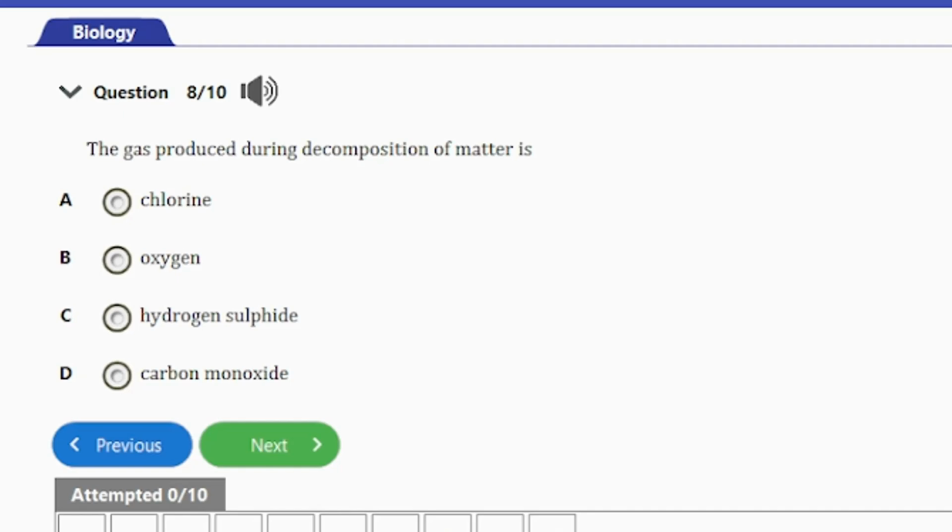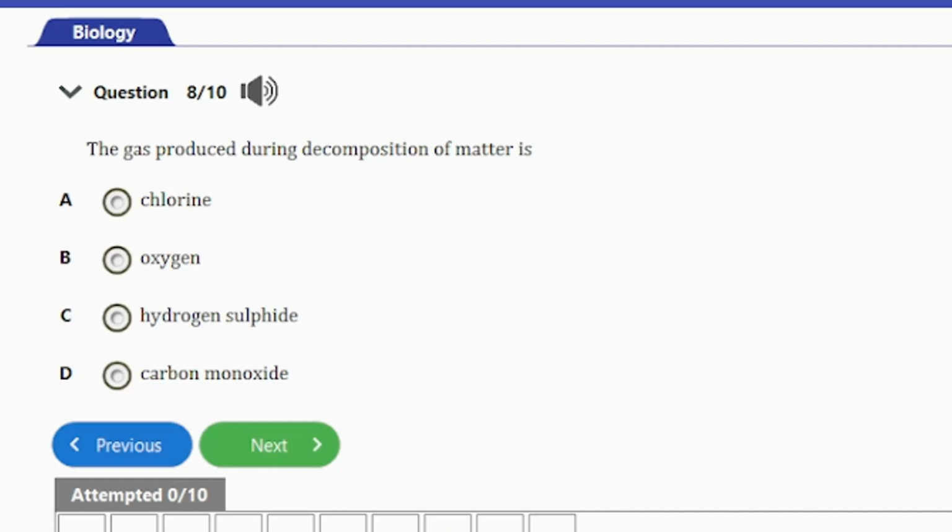Let's go ahead and consider the next question, question number 8 here. The gas produced during the decomposition of matter is: A. Chlorine, B. Oxygen, C. Hydrogen sulfide, D. Carbon monoxide. So guys, the answer to this question is hydrogen sulfide.